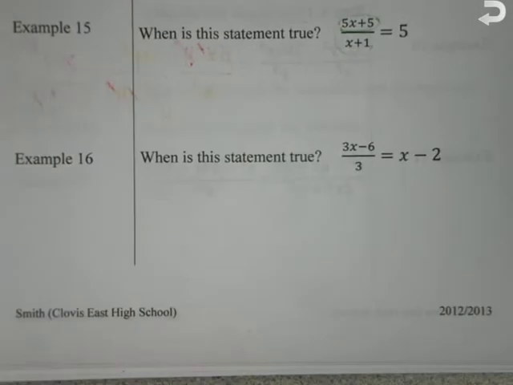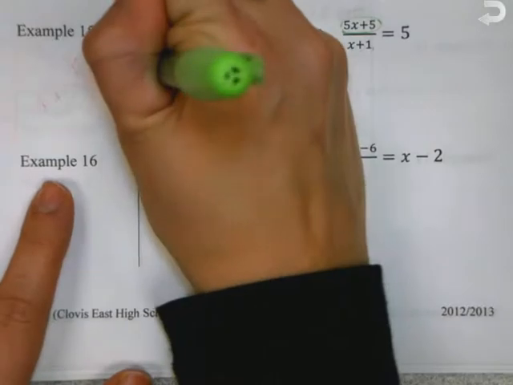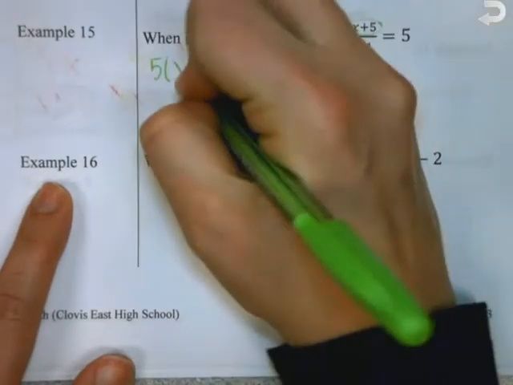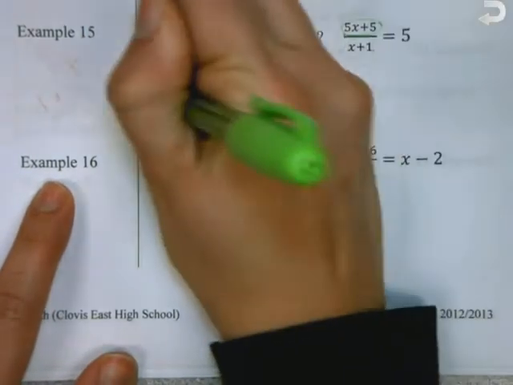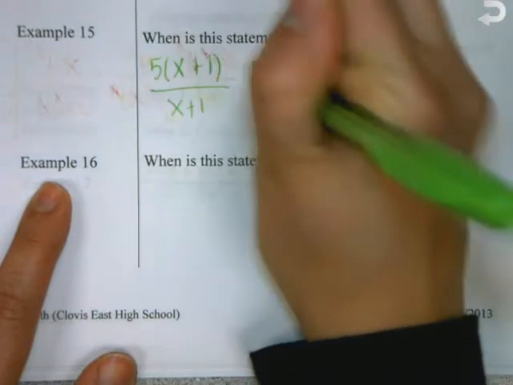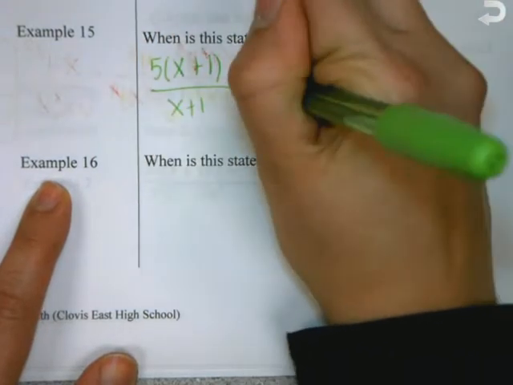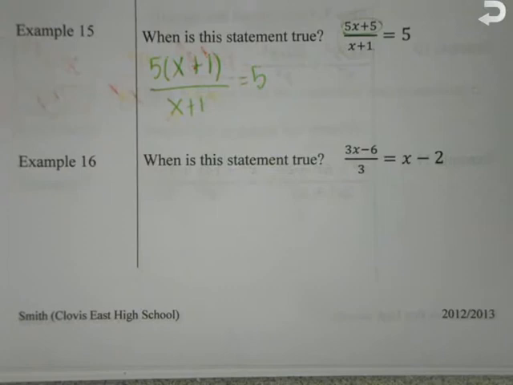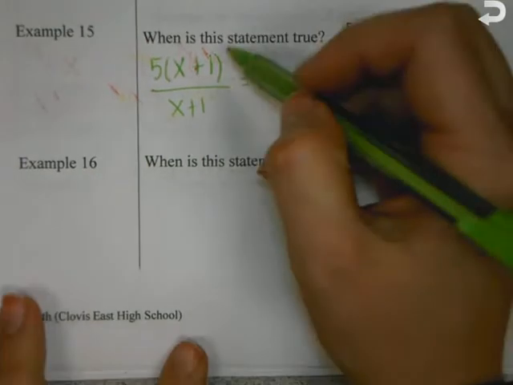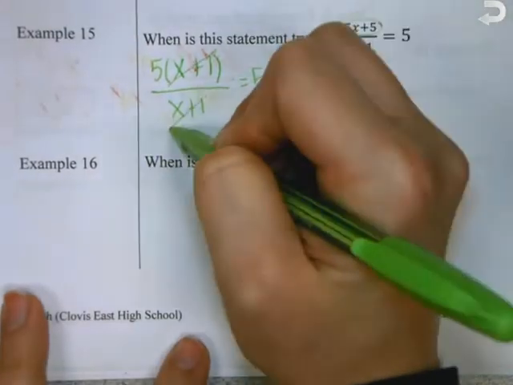Now what do you see? x plus 1 and x plus 1 cancel, right? So then that's going to leave me with 5 equals 5. Is that a true statement? Yes, it is true. So it is always true.